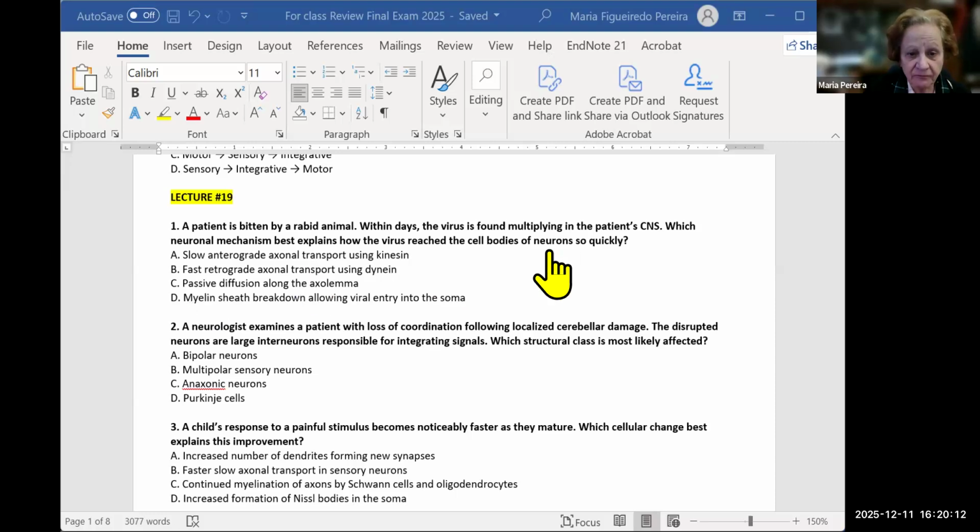Exactly. So remember, the virus comes from the periphery all the way into the CNS. So retrograde transport. The correct answer is B, fast retrograde transport. If it were anterograde, it would go from the cell body to the axon terminal.